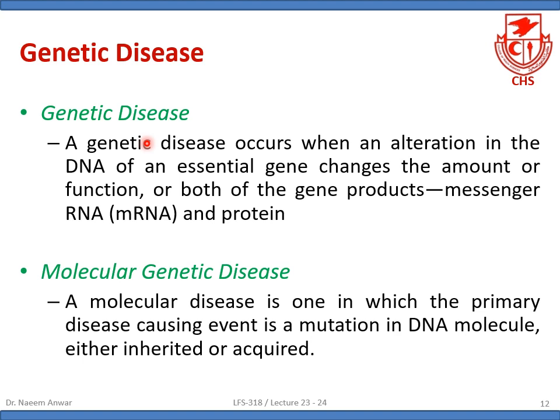While the molecular genetic disease is where there is a mutation in the DNA molecules that will be inherited between the offspring. So the primary causing event is this mutation. Over here the expression or the product of the alteration will be called a genetic disease, while here it's mainly having the mutation within.